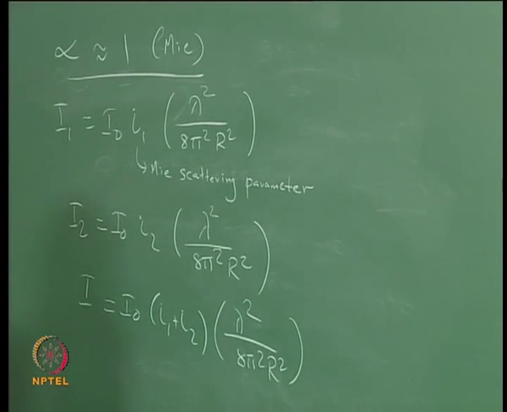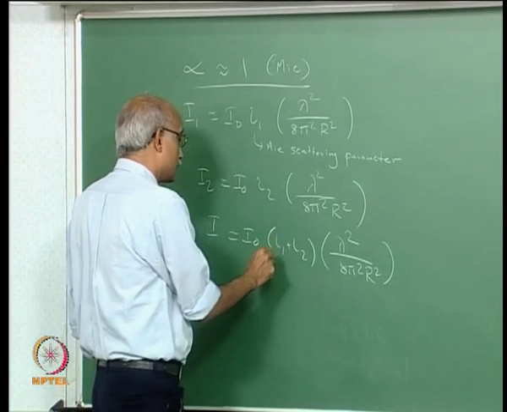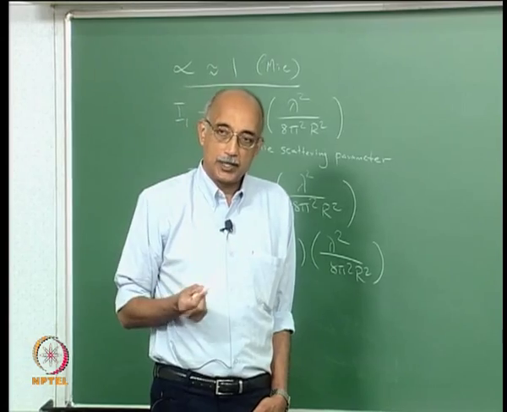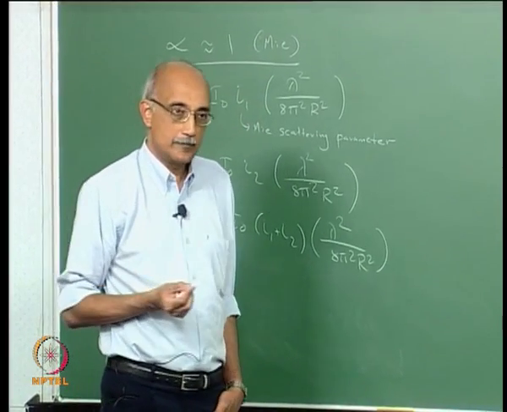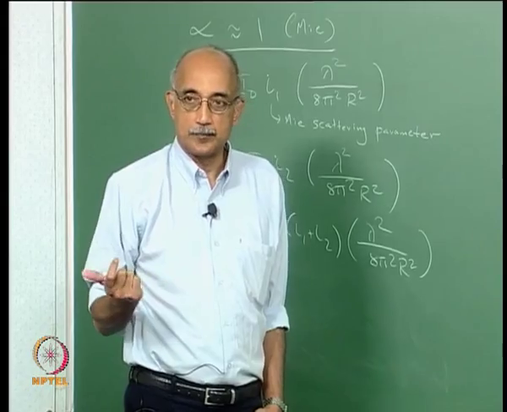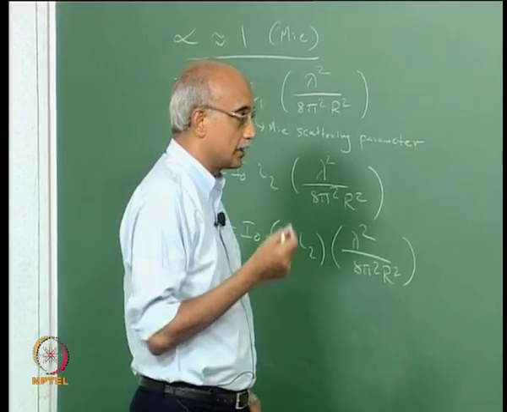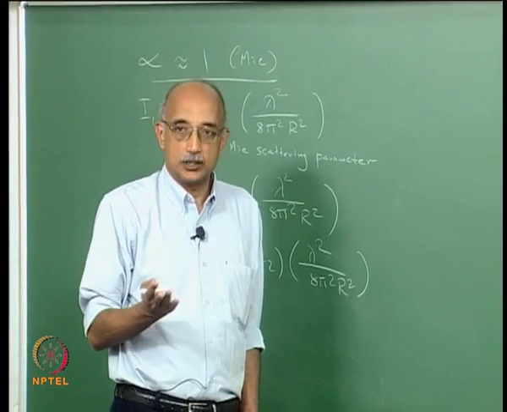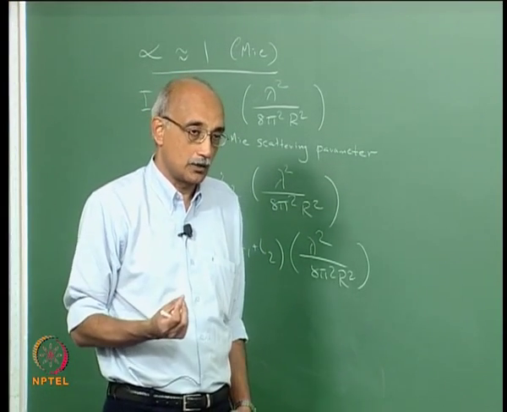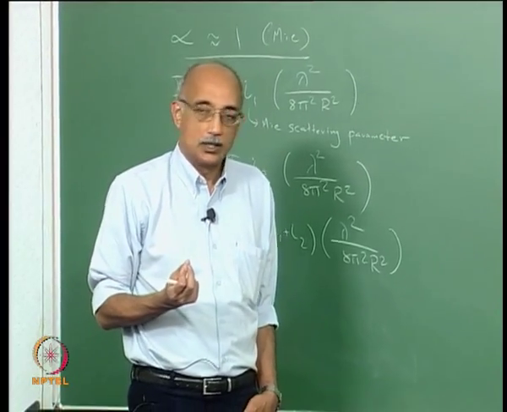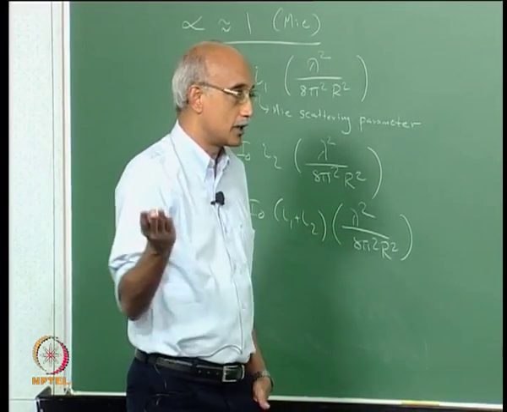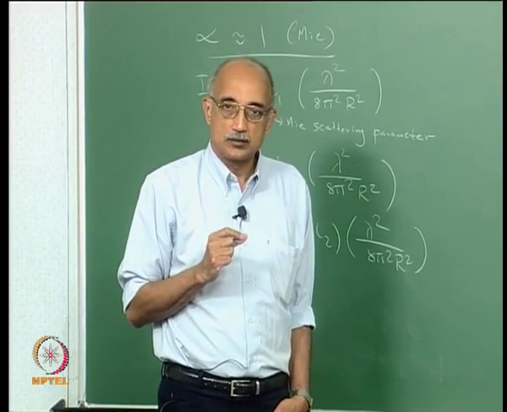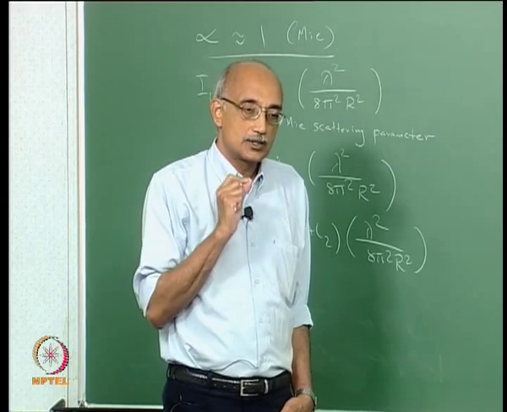The complexity is actually in this i parameter. i1 and i2 have very complex dependencies on theta and the refractive index parameter m. And unlike the Rayleigh scattering regime, where these predictions are valid irrespective of the medium and the particle, the materials that they are made of, as well as the scattering angle ranging from 0 to 180, in the Mie scattering regime, each of these becomes also system dependent.